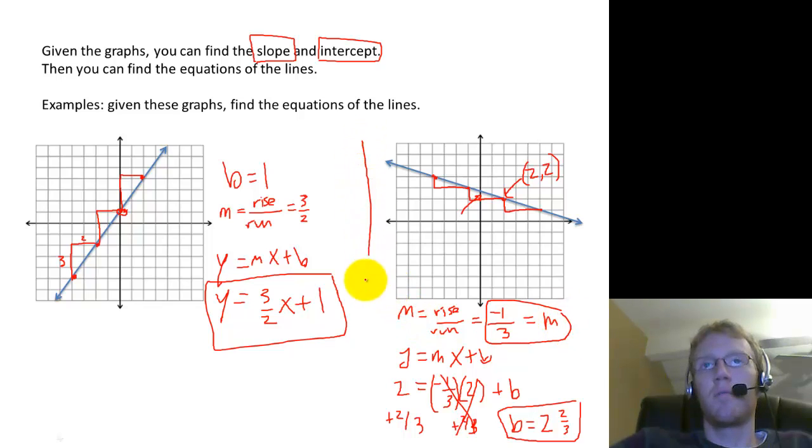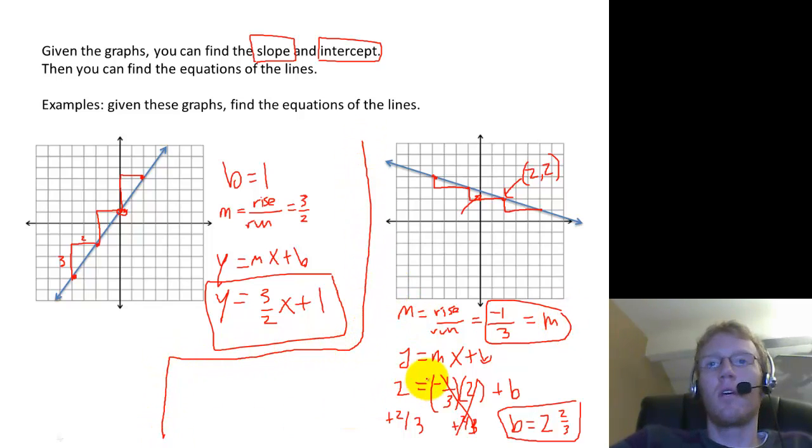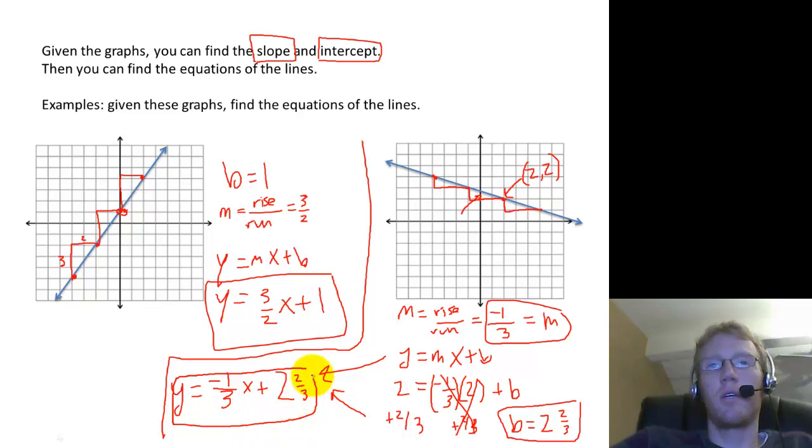And so again, y equals slope, -1/3 x, b value plus 2 2/3. So there's the equation of the line.